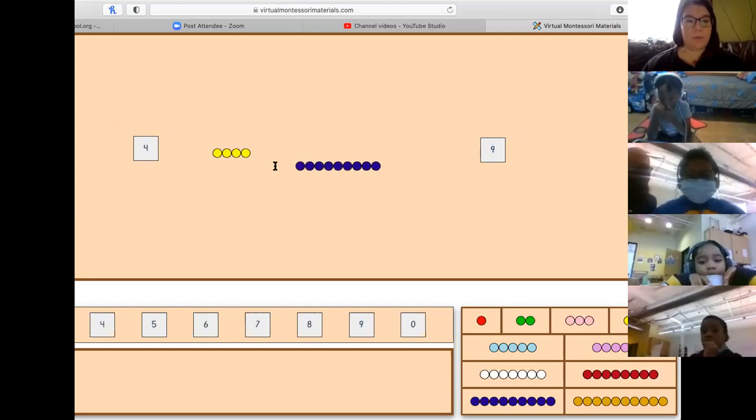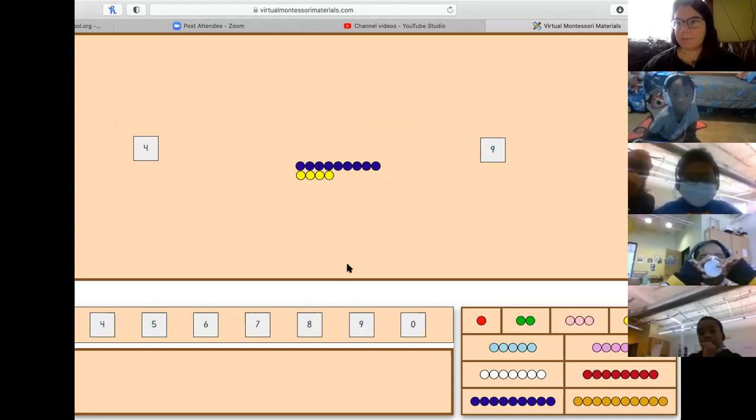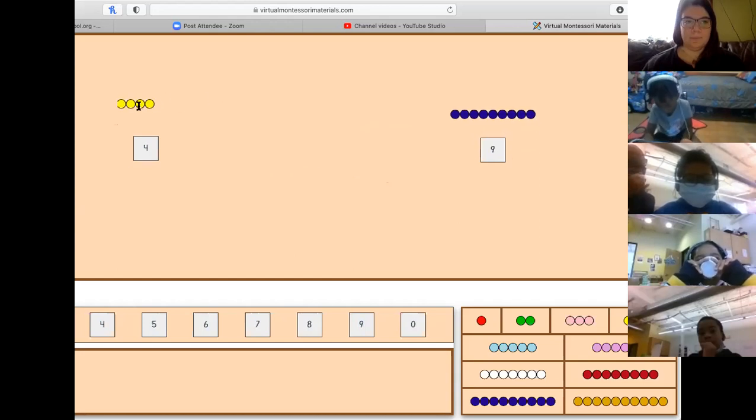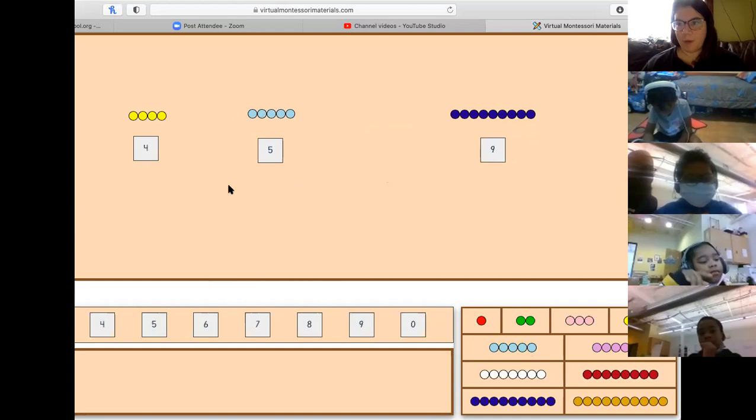We could take away 4 from 9. And if we do that, what do we have left? We have 1, 2, 3, 4, 5 left. Does everybody agree? 4 plus 5 equals 9.